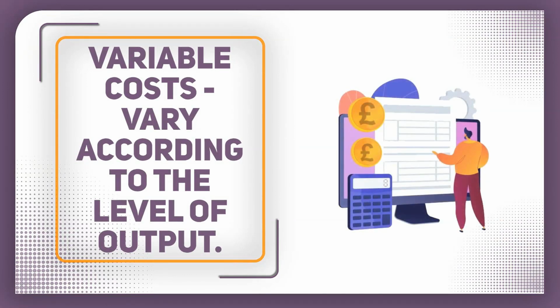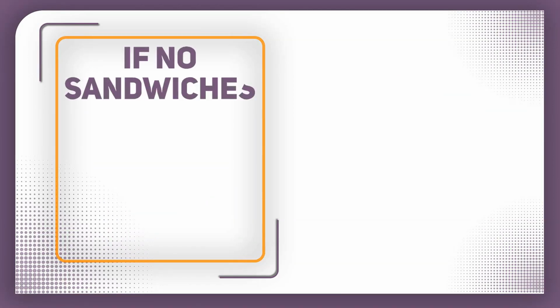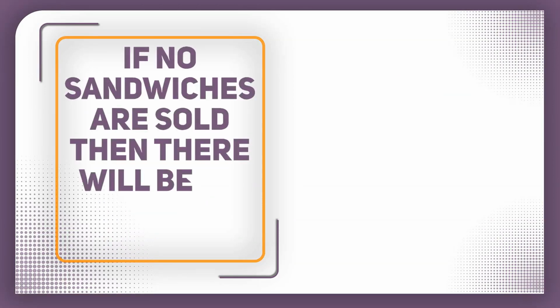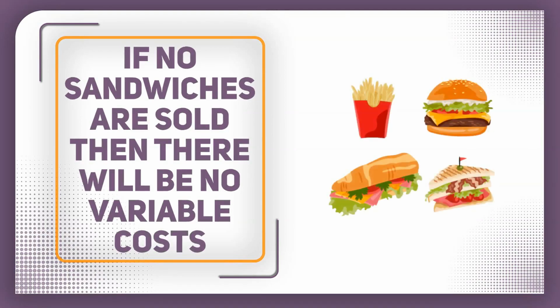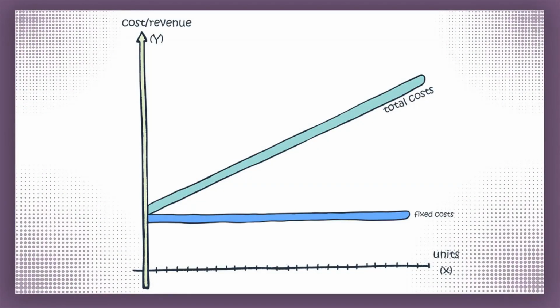If you think of a sandwich shop, the variable costs would be the bread, the butter, the sandwich ingredients, maybe even the packaging for the sandwich. For every single sandwich sold, these costs would go up. If no sandwiches are sold, then there would be no variable costs. And this is why the total costs line and the fixed cost line start at the same place.